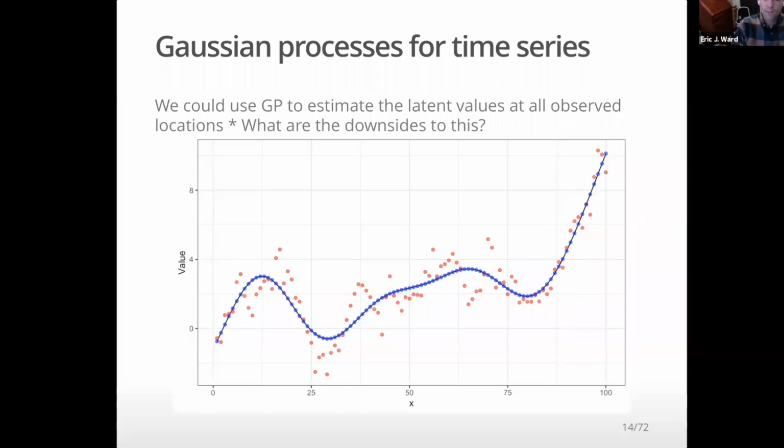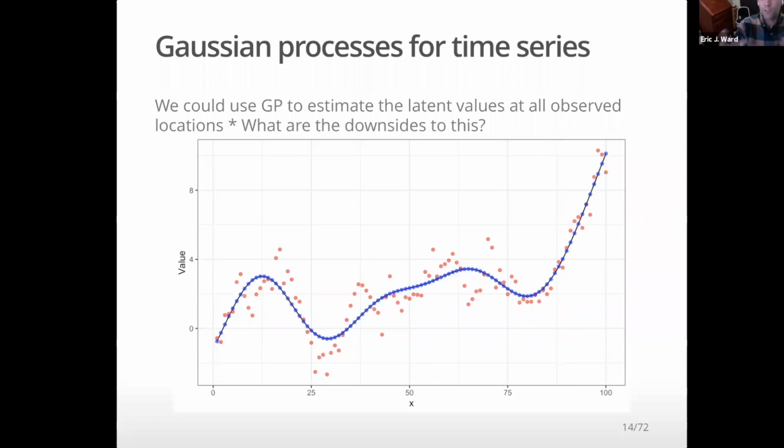We could be estimating the value of that function at each point in our time series, and in this case that would be a matrix that is 100 by 100, which sounds pretty large, but if every element of that matrix is a function of only one or two parameters, then it's actually pretty straightforward to implement.